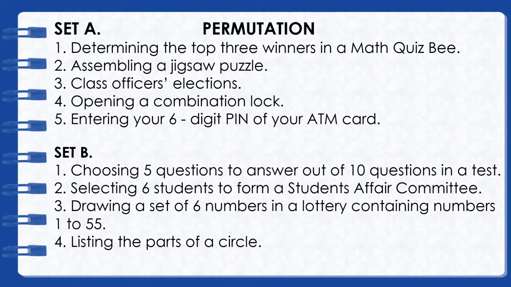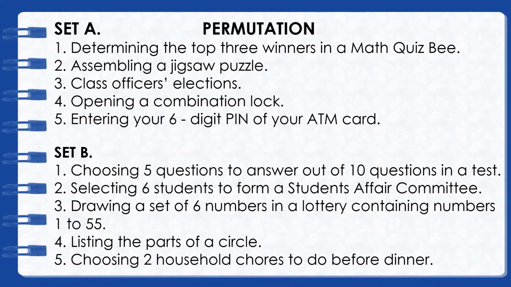Number 4, listing the parts of a circle. And number 5, choosing 2 household chores to do before dinner. In our 5 given examples, does the order matter or does not matter? Is it a permutation or combination? Correct! The answer is combination.